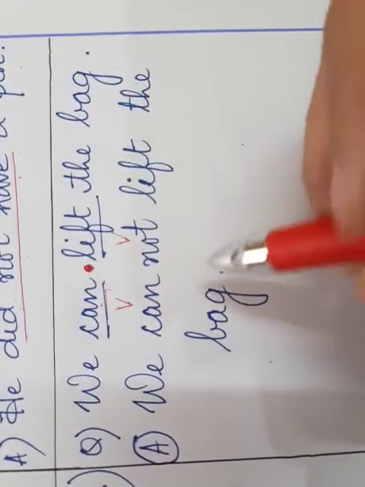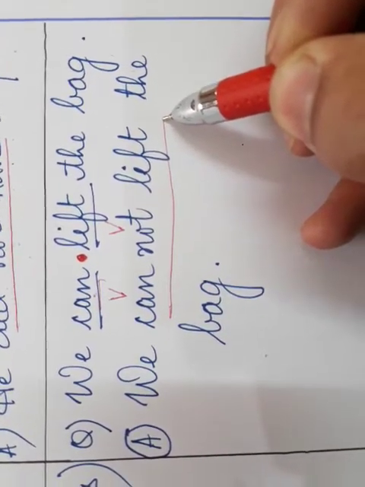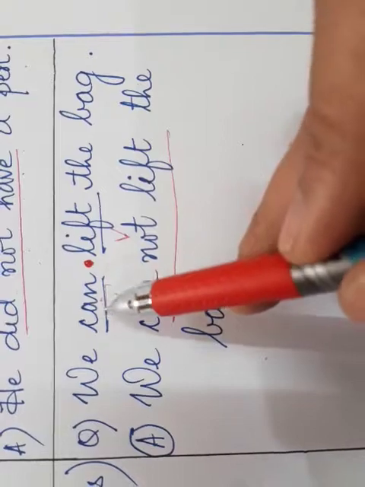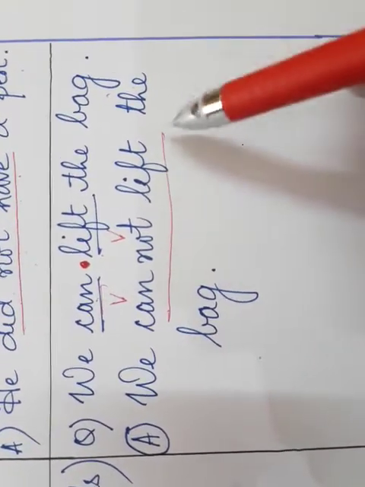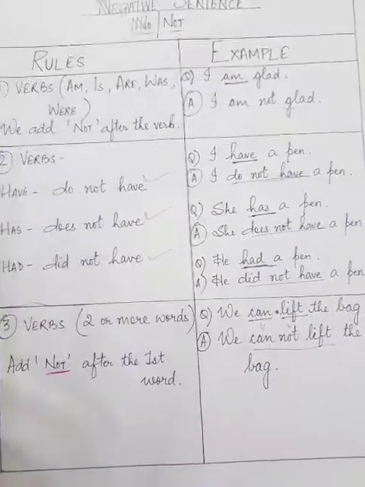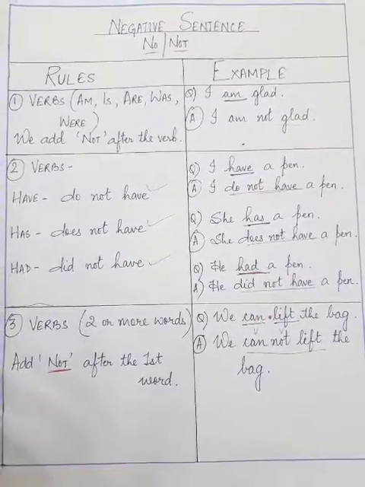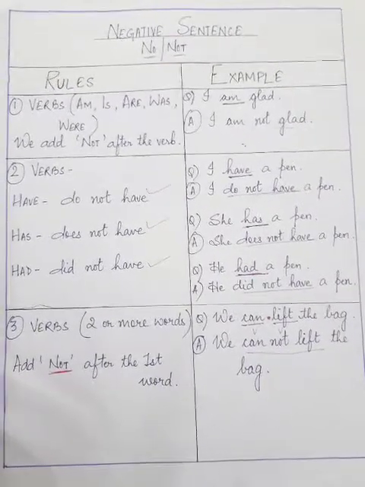That means our answer will be, we cannot lift the bag. Okay? Our question was, we can lift the bag. The answer is now, we cannot lift the bag. Now I hope all of these 3 rules are clear to you. Just have a look. Thank you.